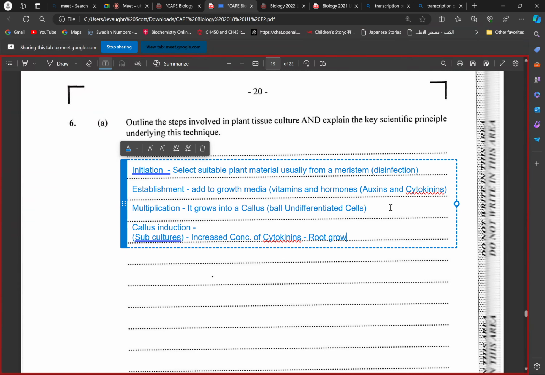Lovely. And then the other subculture will have an increased concentration of auxin, and it promotes shoot growth. Lovely, right? And then we have acclimatization.